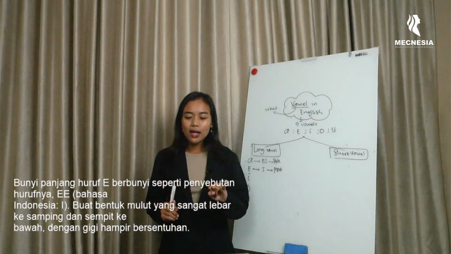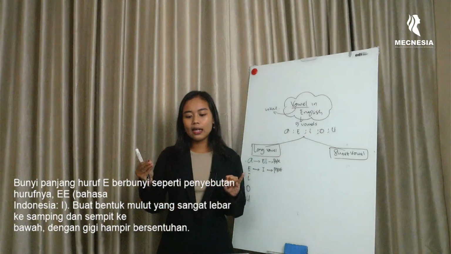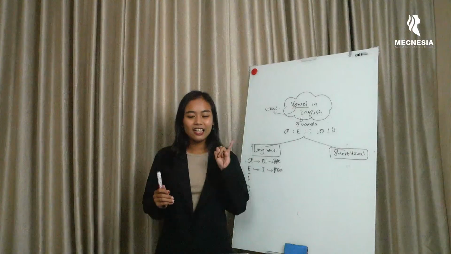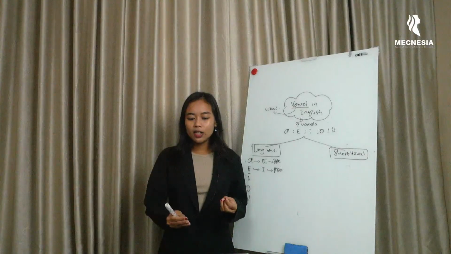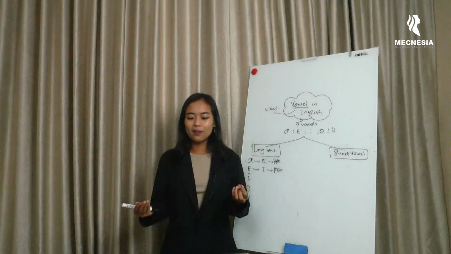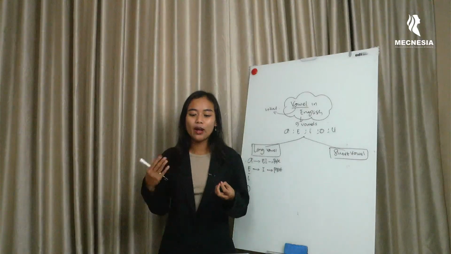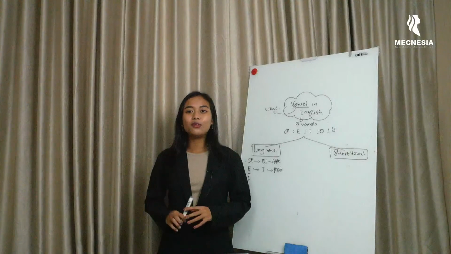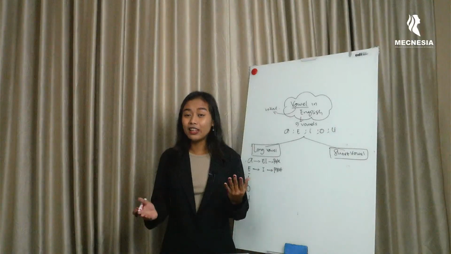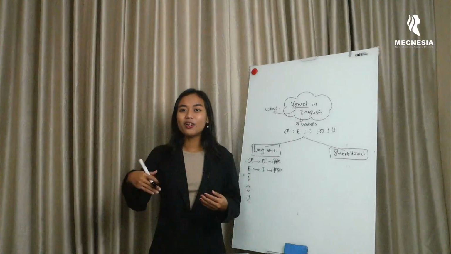So, when the E is followed by another vowel like A or E. Jadi ketika huruf E-nya diikuti dengan huruf vokal lain, biasanya huruf A atau E. For example, in the word feed. Feed. Let's try it.